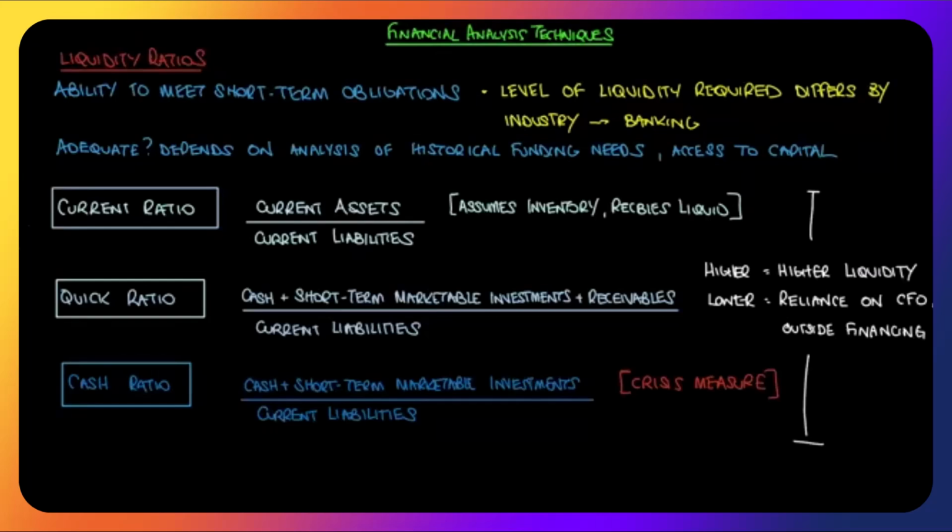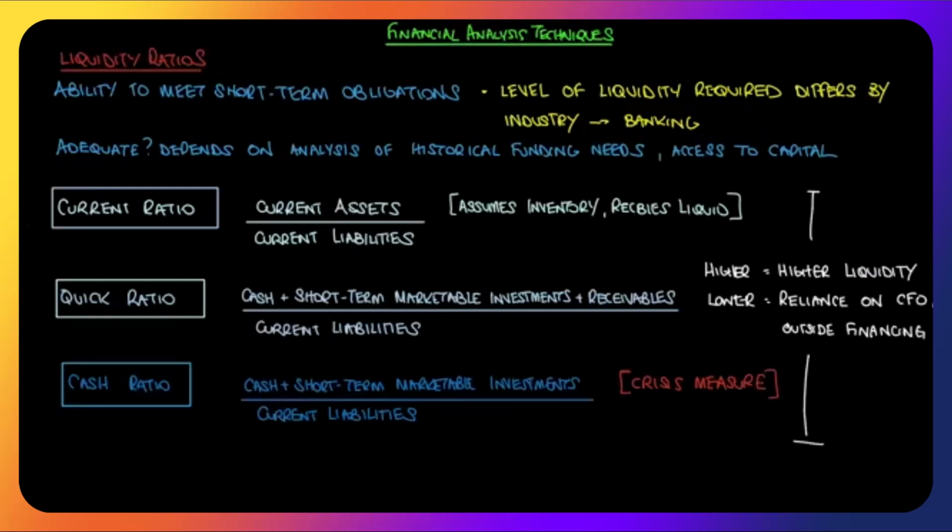Now, is it adequate? Depends on analysis of historical funding needs and access to capital. If you have readily available access to capital, you can easily take on lines of credit. Well, I'm not too concerned about your current liquidity. If, on the other hand, you struggle to raise capital, you've dipped into the well too often recently, and there are no simple lines of credit available to you, then your current level of liquidity becomes absolutely crucial.